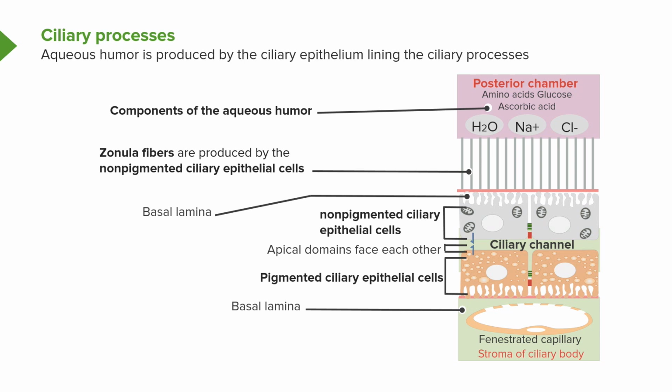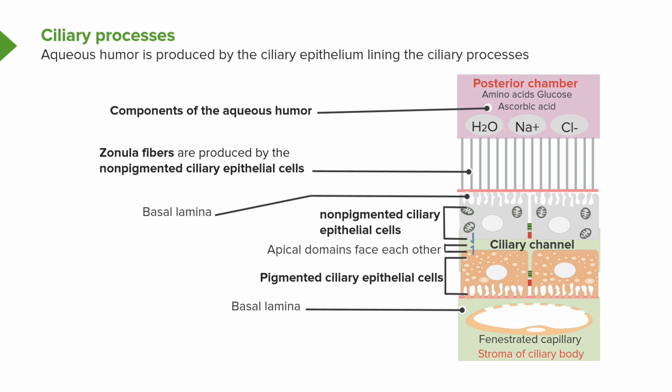They are produced, those components, by the epithelial cells, particularly the non-pigmented cells. They're very, very busy, processing various components coming up from those fenestrated capillaries. They're actively processing materials, so they have lots of sodium and potassium pumps, and it is a very busy epithelium that makes up this layer.